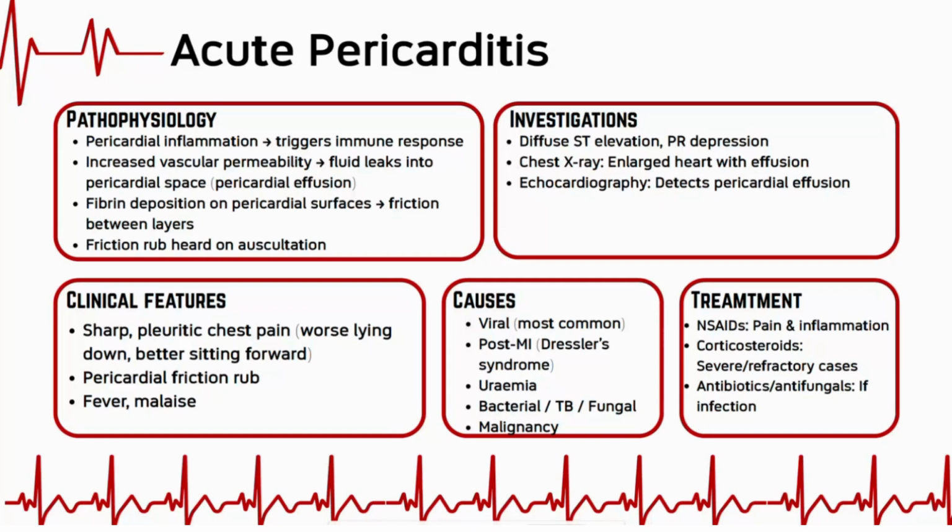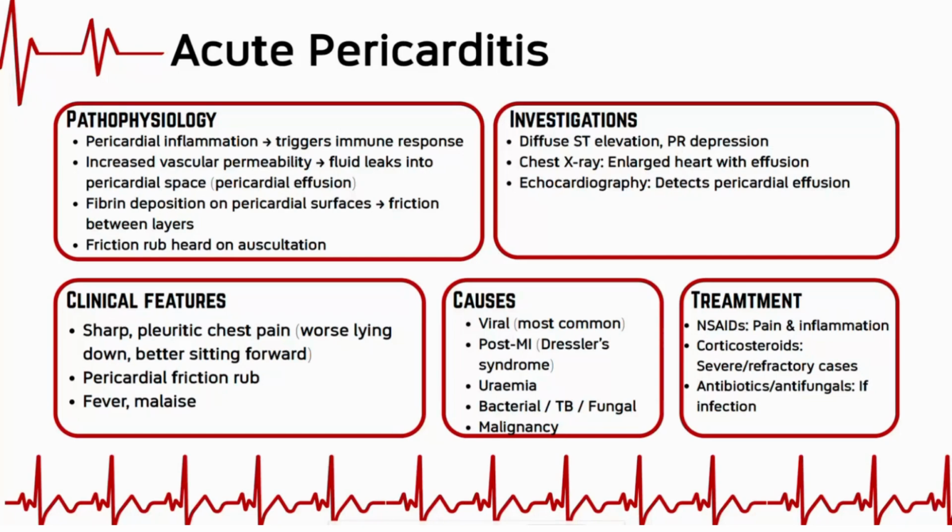Now, the other kind of medication that we give in this case is colchicine. Colchicine is crucial because it prevents recurrent pericarditis, and it improves the response to treatment through, say, non-steroidal anti-inflammatories.